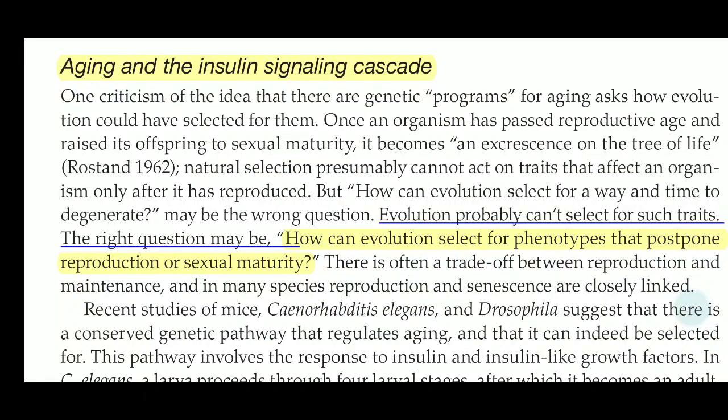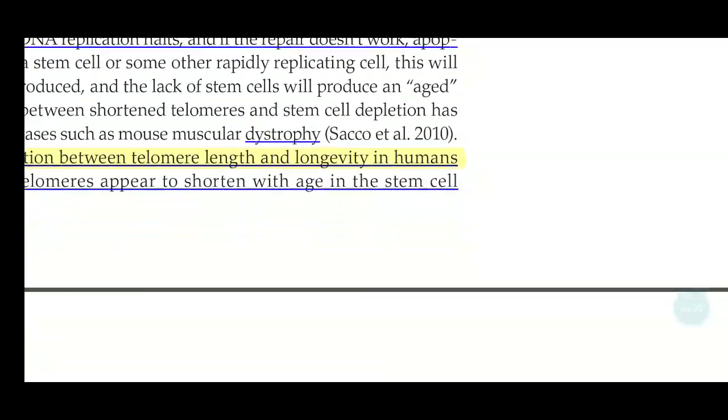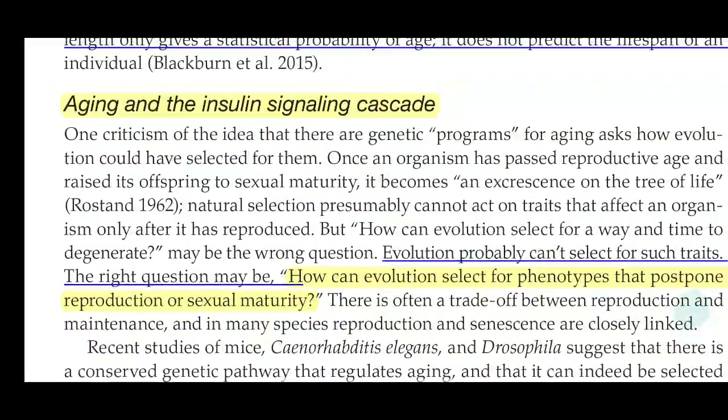Why is it important? Because the insulin signaling cascade is very important, as I have mentioned somewhere above, that the reactive oxygen compounds also have some relationship with insulin signaling.